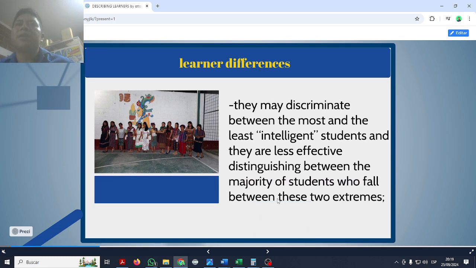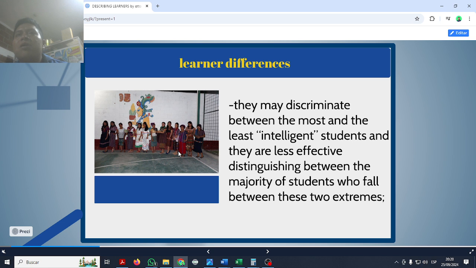Learner differences. In our class we have different students. Some students like movement, some like to sing a song, some like to play football, and each student has a difference.